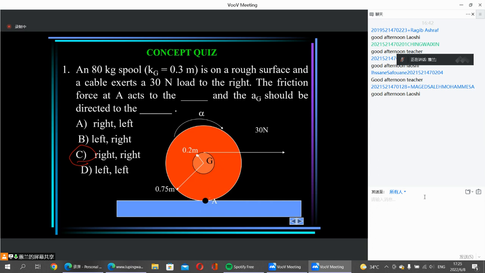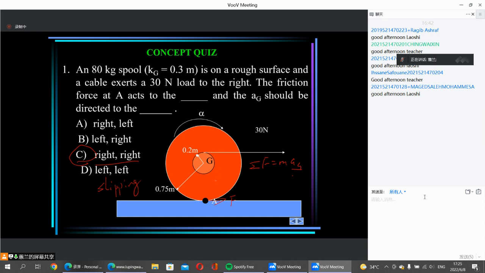So if it's slipping, the kinetic friction force will oppose the motion. So the friction force should point to the right. Accordingly, we have sigma F equal to m a_G, and the resultant force on the spool is to the right. So a_G should be to the right. Okay, so this is for slipping.